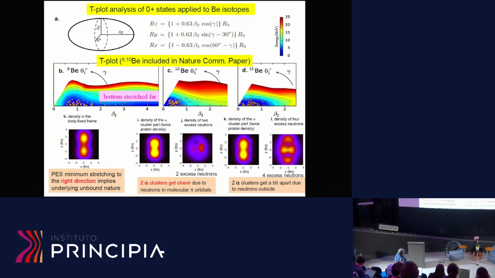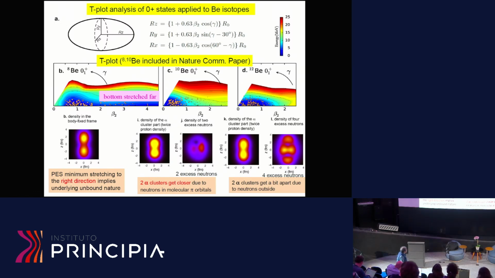Going to beryllium-12, an interesting feature appears: again an alpha cluster type configuration appears, but the distance between these two is a little bit larger. So beryllium-10 has the shortest axis between 2 alpha clusters, and beryllium-12 has a little bit longer axis.